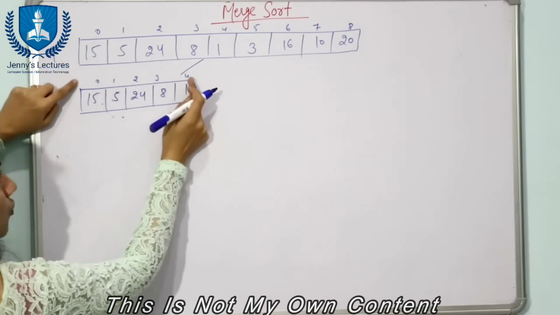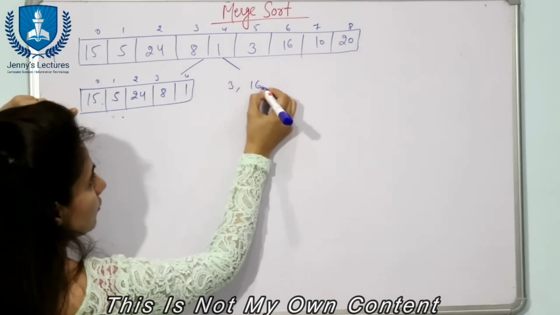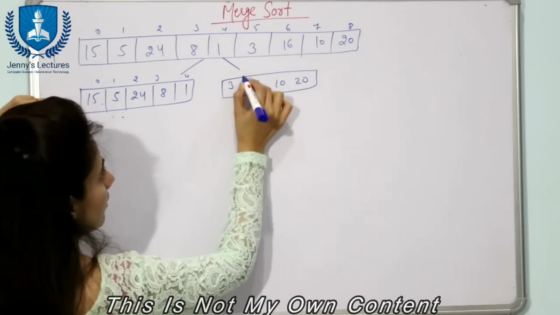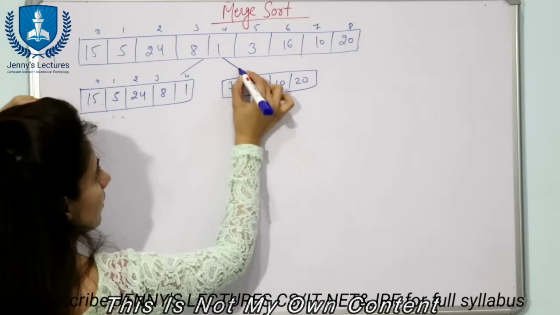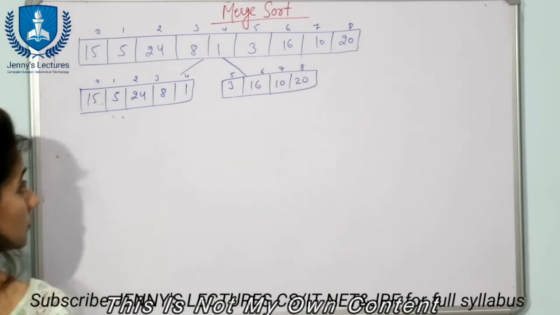From 0 to 4 we have one sublist, and from 5 to 8 we have another sublist: 5, 6, 7, 8.